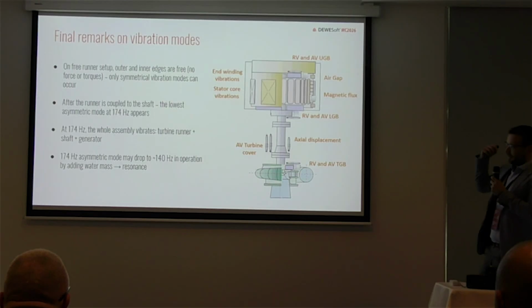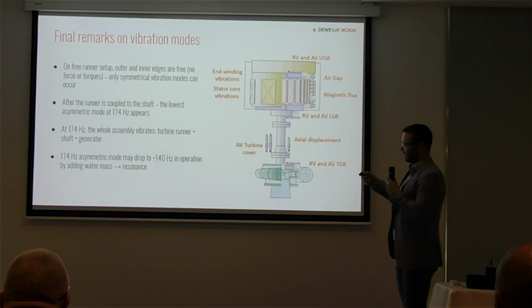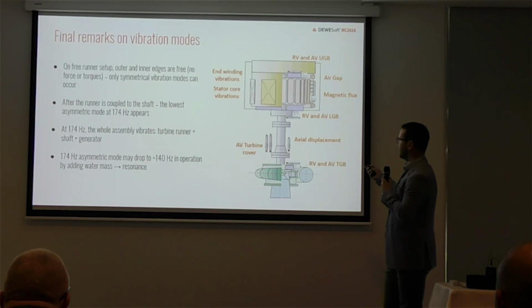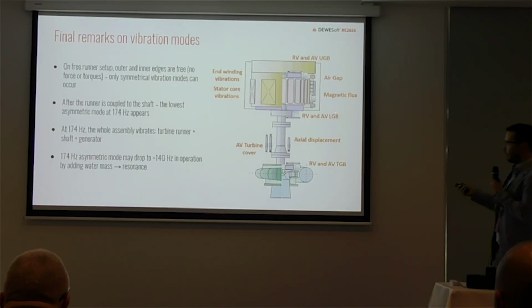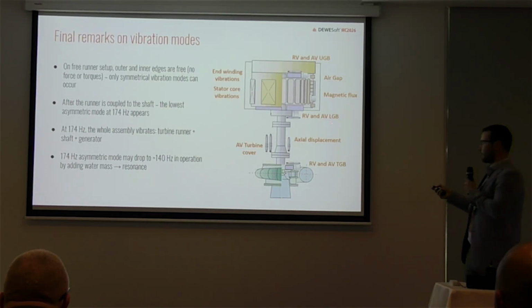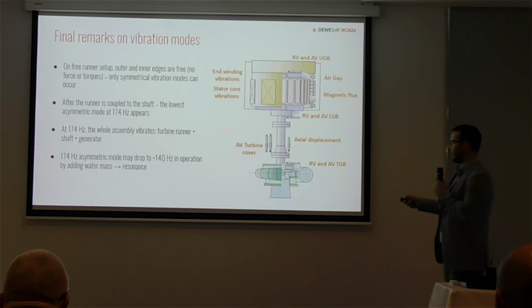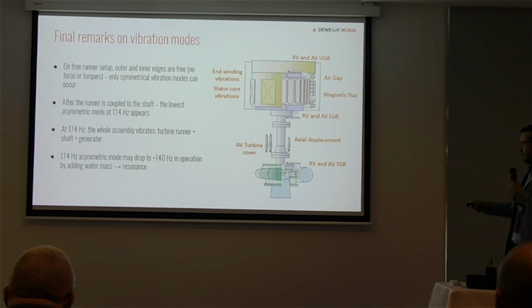And one more conclusion is that when we are measuring, as I explained, a lot of things on this unit, we see this 140 Hertz on relative and absolute vibration on the lower guide bearing, upper guide bearing, turbine guide bearing, and absolute vibration on the turbine cover.